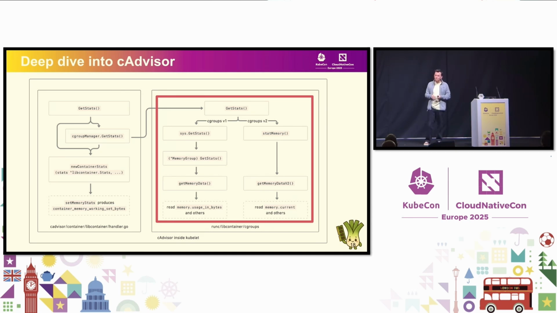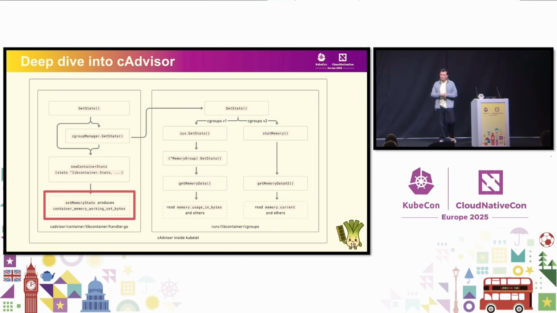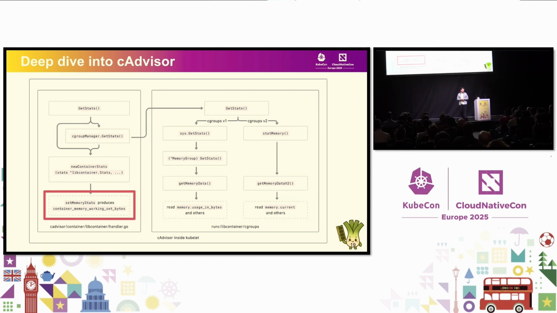It's reading memory usage in bytes for cgroup v1 on one side, and on the other side, it's reading memory current and other statistics. So all these stats are collected thanks to the libcontainer cgroup package and returned to the cAdvisor code. And then eventually, they reach this set memory stats function. And this is the actual function that will produce the metrics we have been looking for since the beginning.